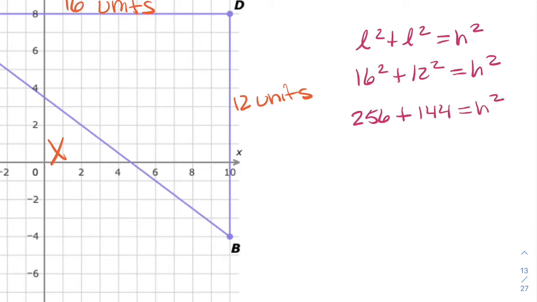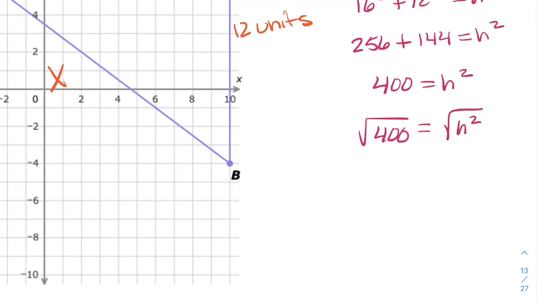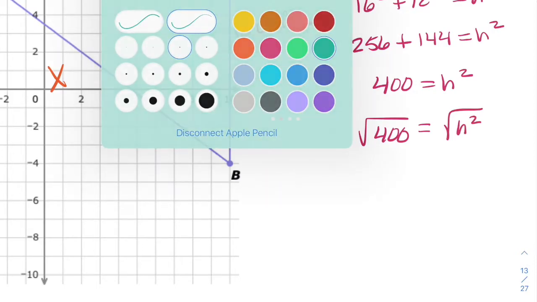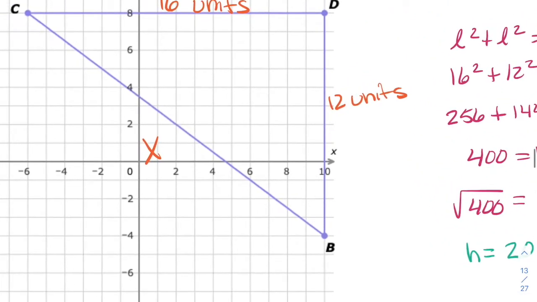And together, 144 plus 256 equals 400. So the square root of 400 is equal to the square root of h squared. So these go away. And so h is equal to the square root of 400, which is 20 units. So this equals 20 units.